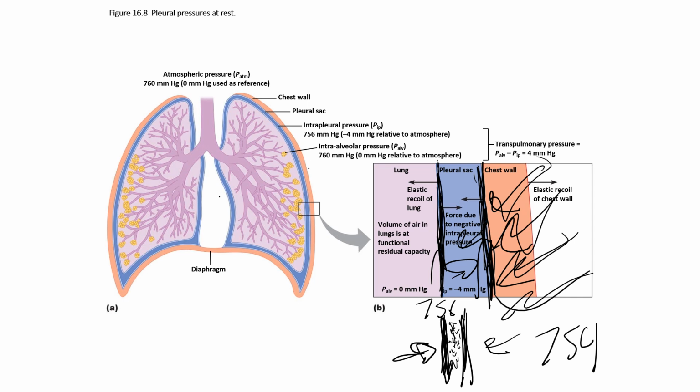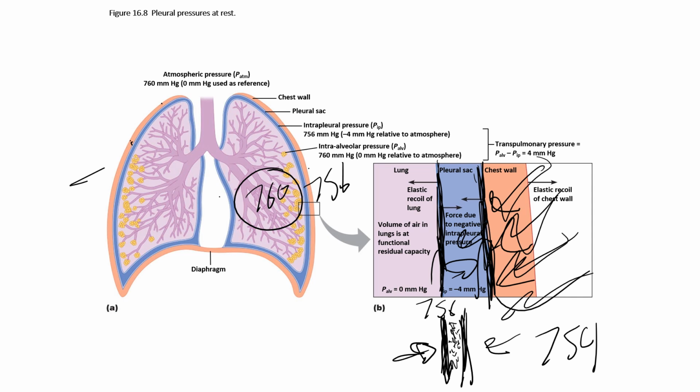Well, if intrapleural pressure has now risen back up to 756, what is the air pressure inside of the lungs? The air pressure inside of the lungs is 760. At the end of inspiration, the air pressure in the lungs is 760, and we can presume that it's still 760. Intra-alveolar pressure is 760, while intrapleural pressure is 756.